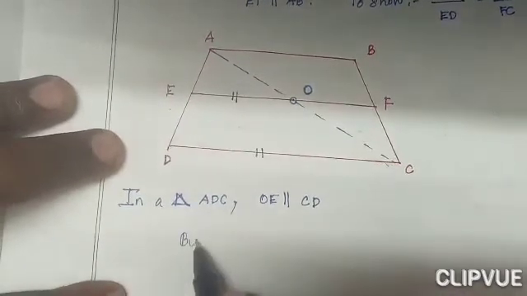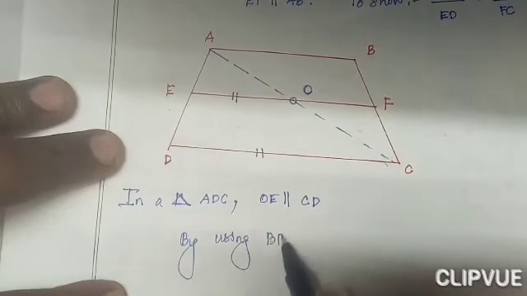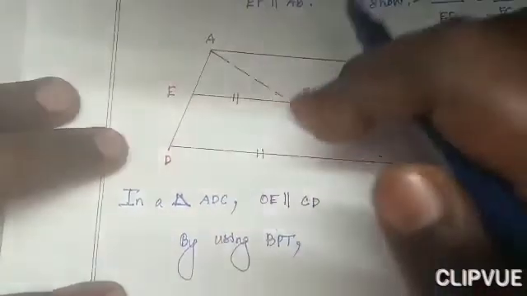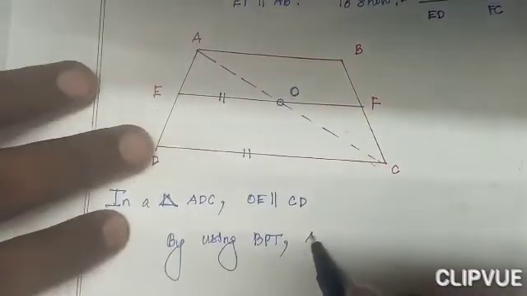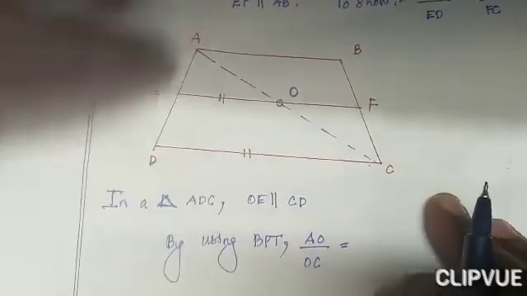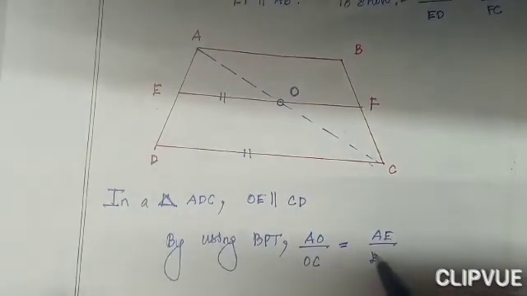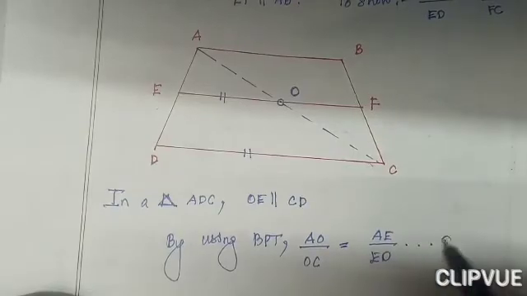By using BPT, AO by OC is equal to AE by ED. This is 1.